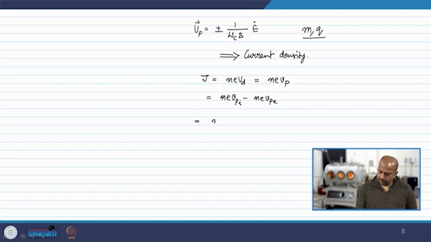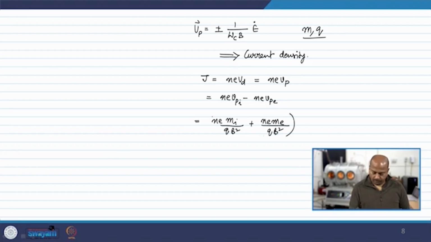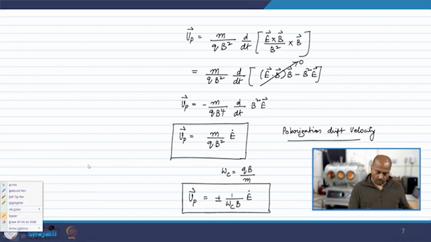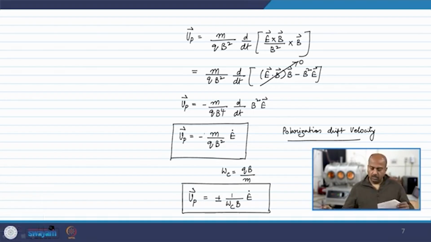Then we can write n e times mi by qB square plus n e times me by qB square times E dot, or it is more appropriate to write this as m by qB square E dot, or minus m by qB square times E dot.